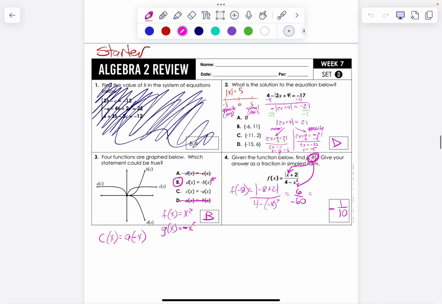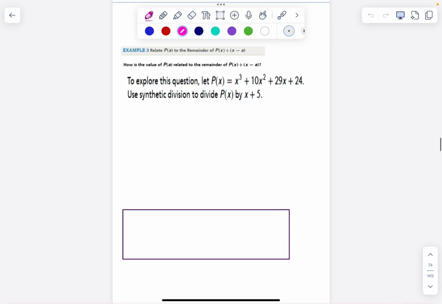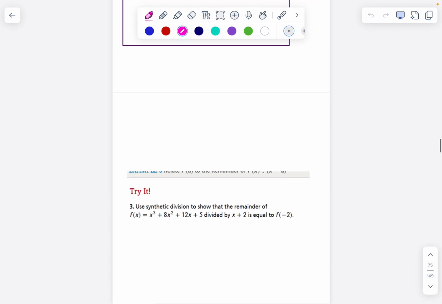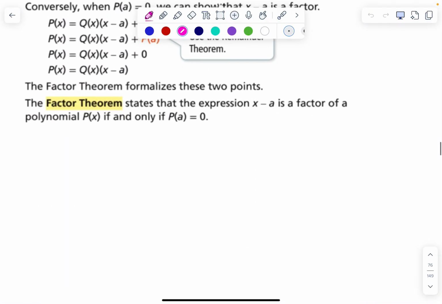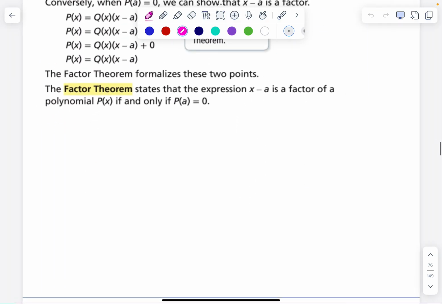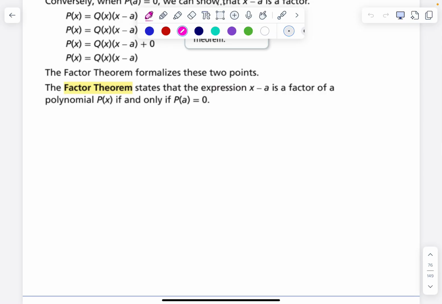Okay, like I said, we have 2 theorems to talk about today. One I've already introduced to you, and let's start with it. So the factor theorem, it's got a super creative name. The factor theorem states that the expression x minus a is a factor of the polynomial if and only if that result is 0.